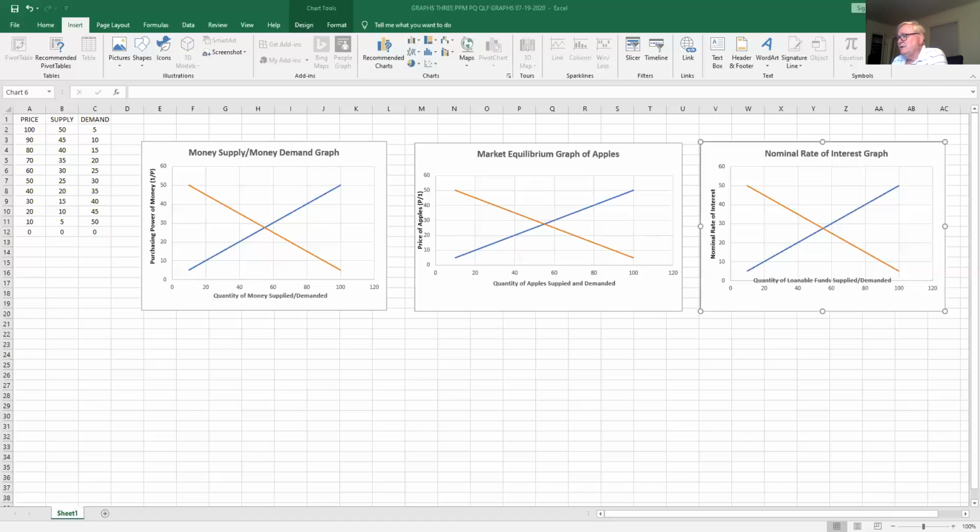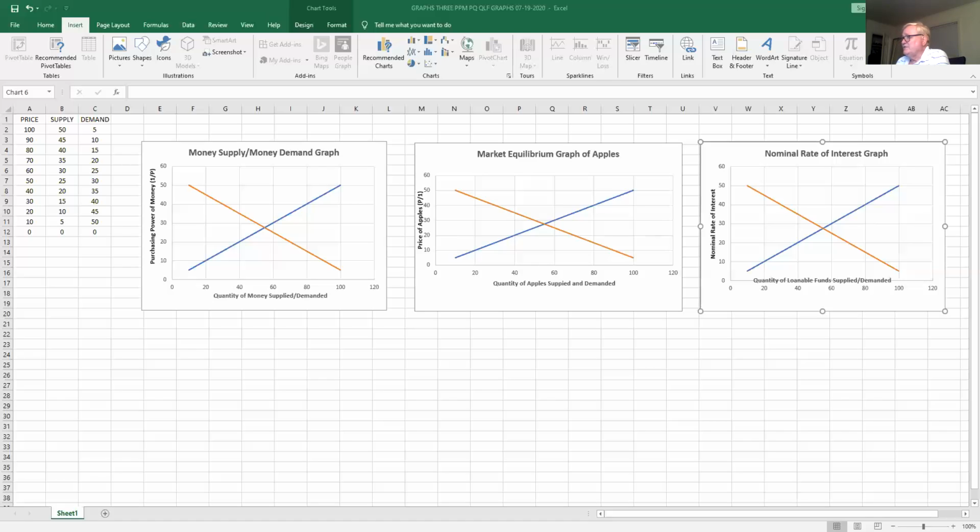We want to put an arrow that shows a decrease in consumption on the horizontal axis and a decrease in price, an arrow there on the vertical axis, showing the decrease in price. So first and second graphs have been explained.